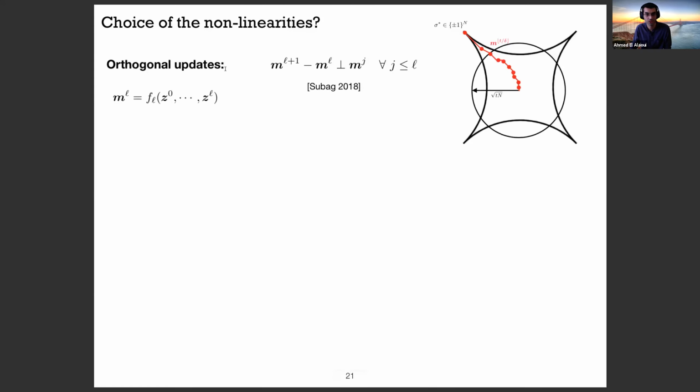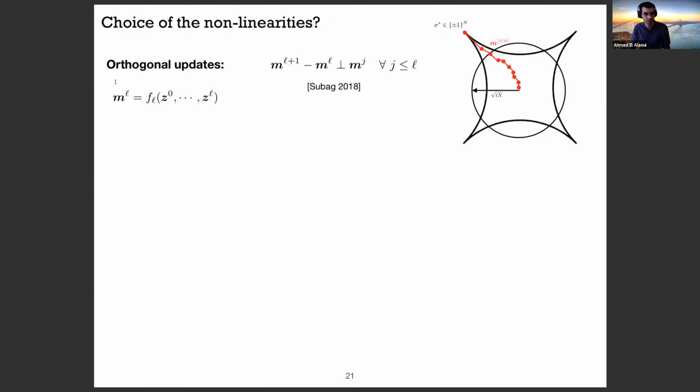Now let's go back to the algorithm, to the specific task at hand. In particular, I just showed you that we have this algorithm that depends on these FLs, and you would like to choose them appropriately so that you do something non-trivial. It turns out that space is really large to optimize over. So we're going to try to reduce it by making further assumptions.